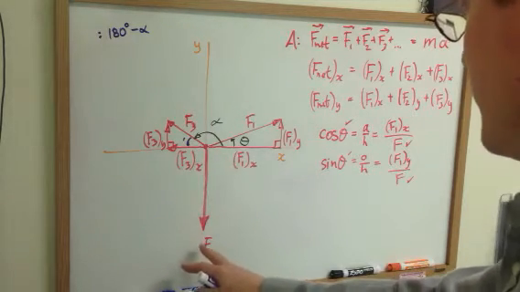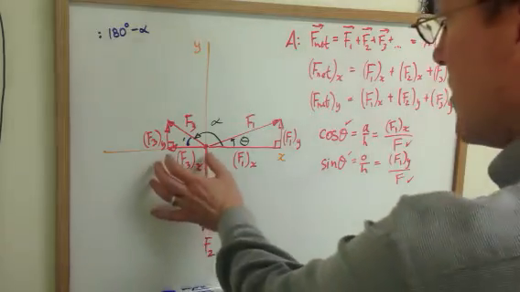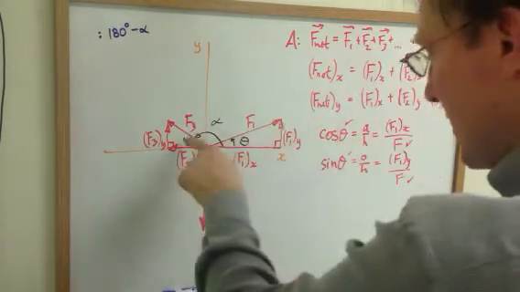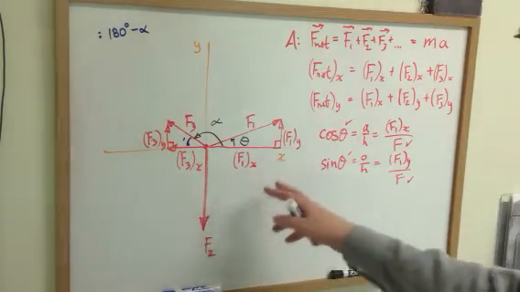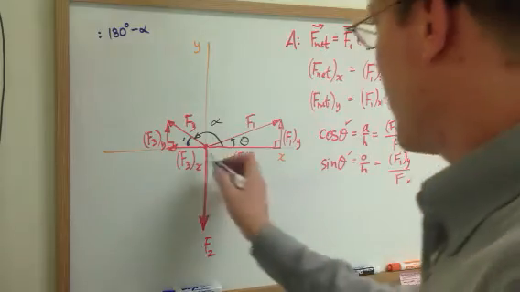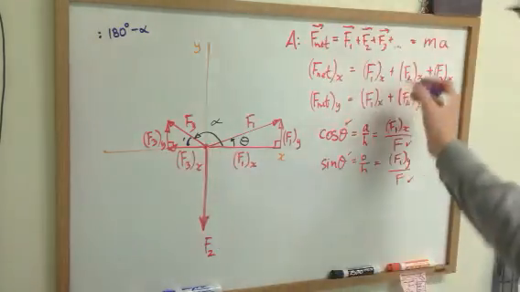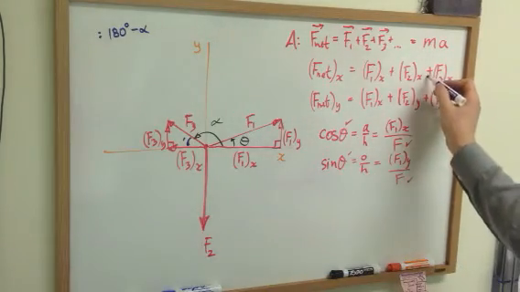Let's look at F2. Oh, the only caveat is if you use geometry and these little interior angles and you come up with answers, you should recognize that this value is in the negative direction, so F3x is going to actually be negative.